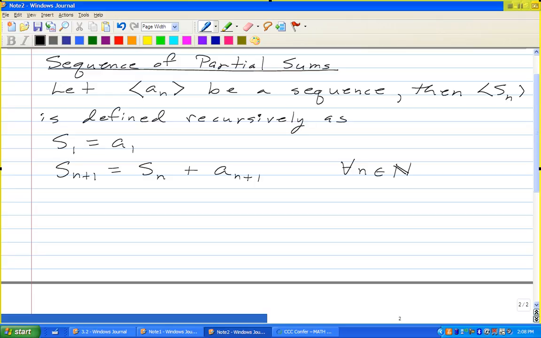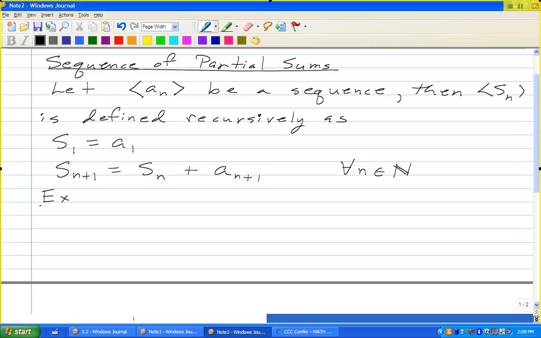And so that defines a sequence of partial sums. So suppose we have the following sequence.